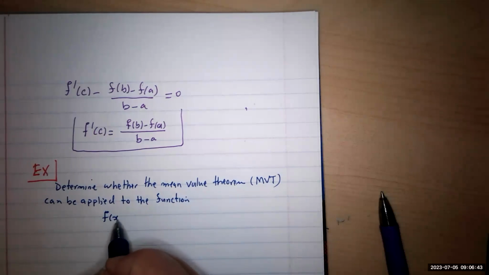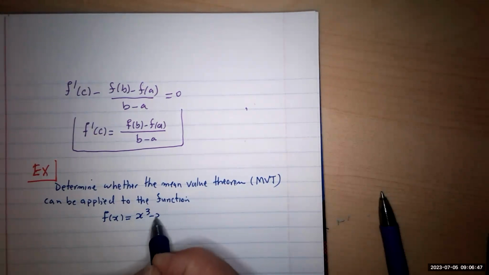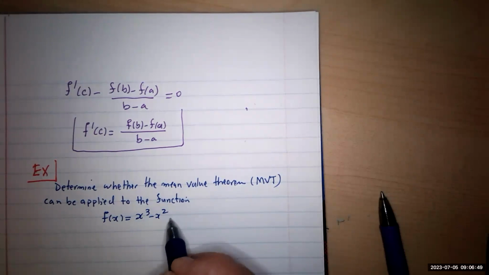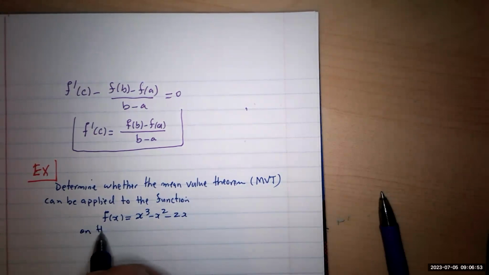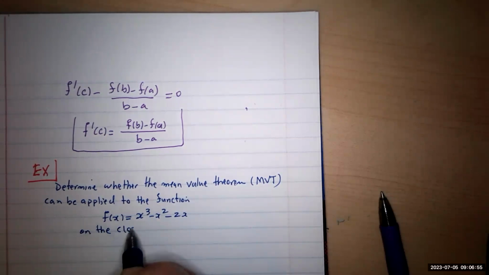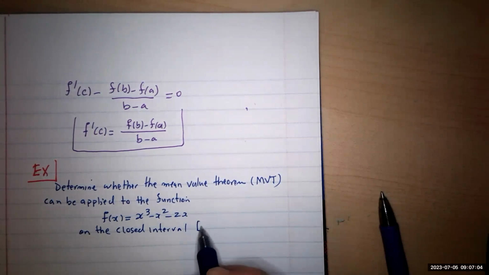f of x equal to x cubed minus x squared minus 2x on the closed interval -1 and 1.